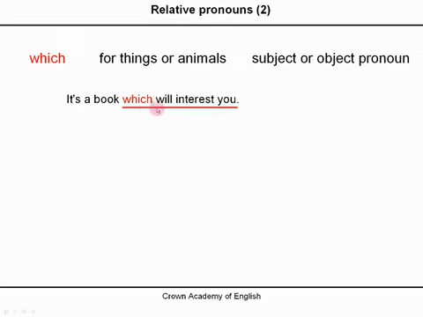Which will interest you is the relative clause, and which is the relative pronoun. And it is the subject in this example, because which is representing book, and the book will interest you. So book and which, they are the subject.